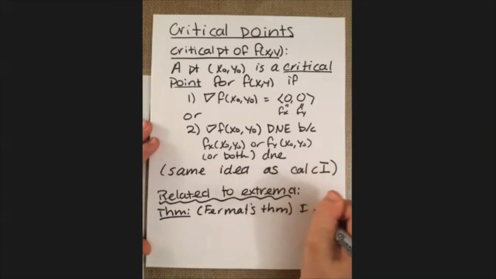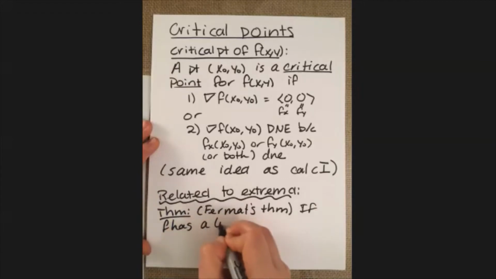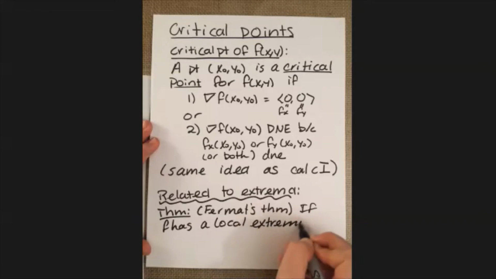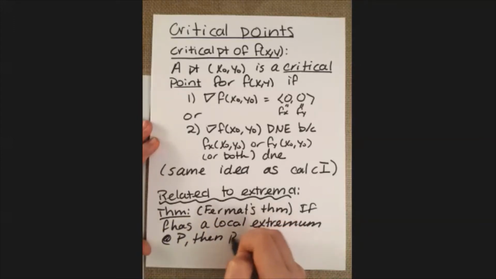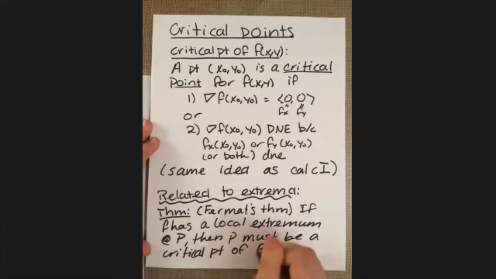Or more specifically, if f has a local extremum at a point P, then that point P had to have been a critical point of the function we're working with.